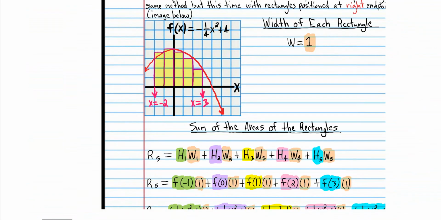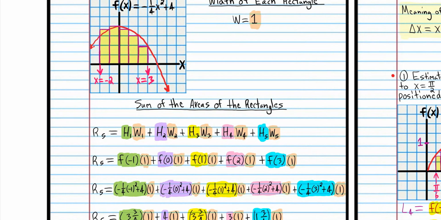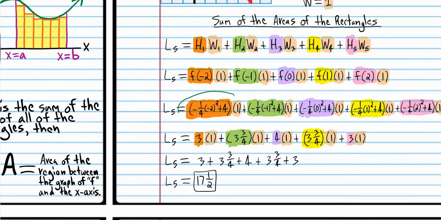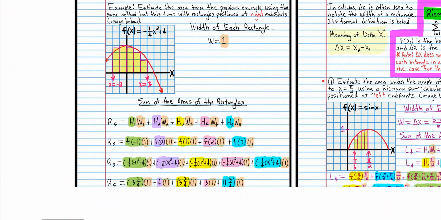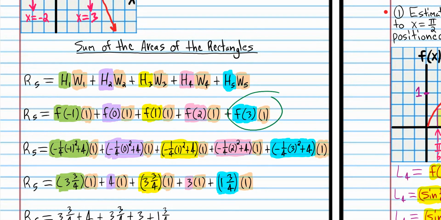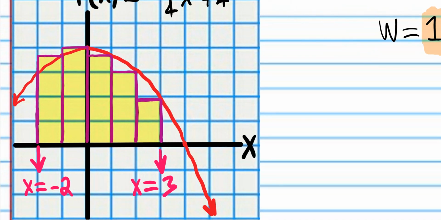So we're actually finding the same values. We just shifted the values over. We got rid of this value here, or this number, but we added another number at the end. That's this f of 3 times 1, because now we have to plug in 3 to find the height of this rectangle.